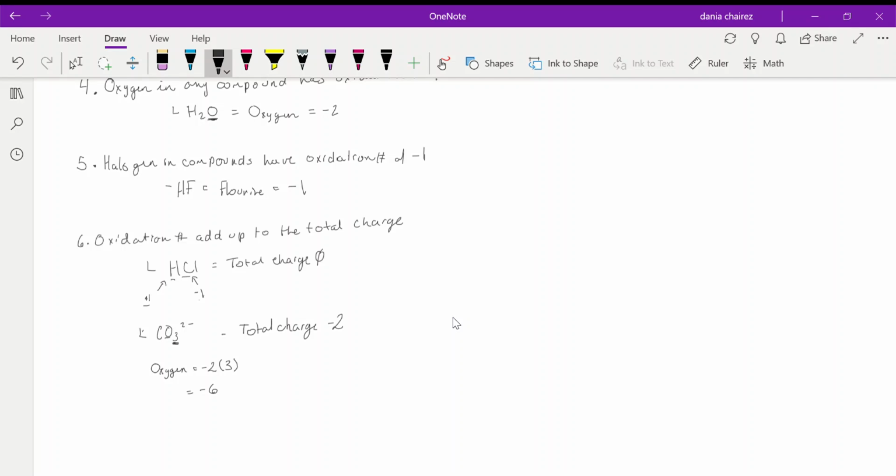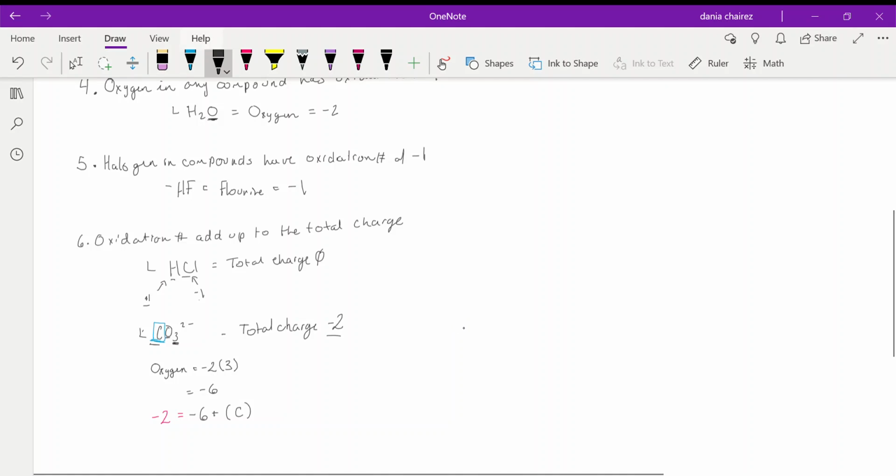So we have to equal it to our total charge, and we don't have any rules for carbon yet. I'm going to change the color just so that we can see this. But yeah, we don't have any rules for carbon because it's not in group 1, it's not in group 2, it's not a halogen, it's not an oxygen, and it's not a hydrogen. So we're going to have to add it up to the total charge to figure out what the charge of our carbon would be. So our total charge is -2, which is equal to the -6 from our oxygen plus whatever carbon is.